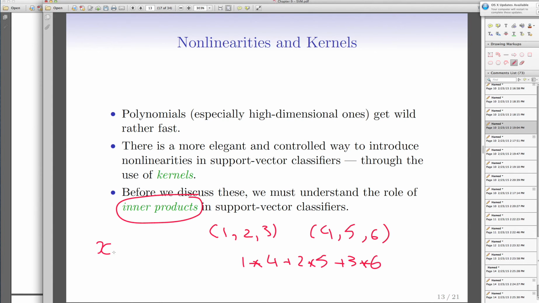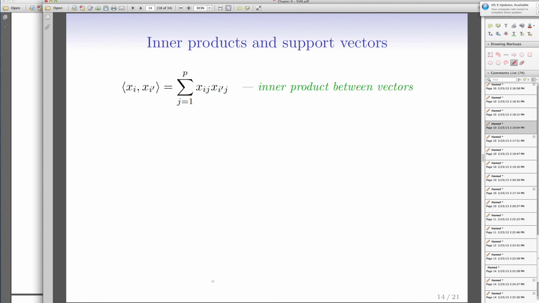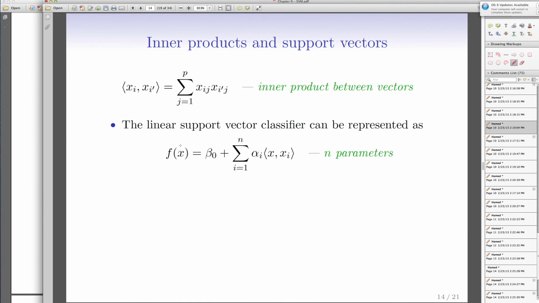So if you have vectors x1 and x2, the inner product is shown this way. This is the notation. Inner product of x1 and x2. So the inner product of two vectors is just the summation of element by element multiplication of the vectors.